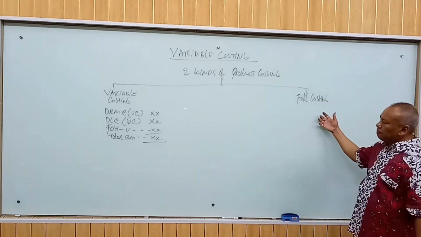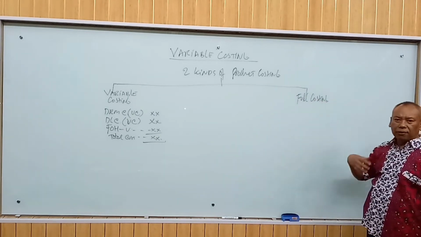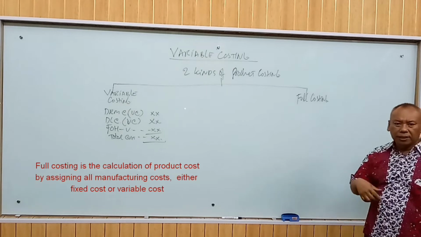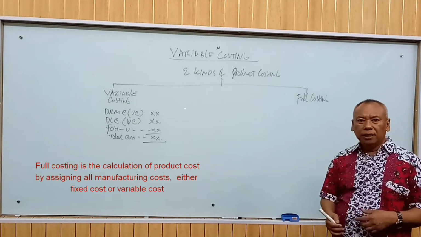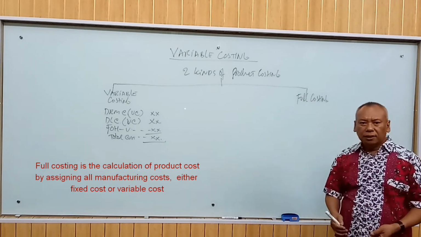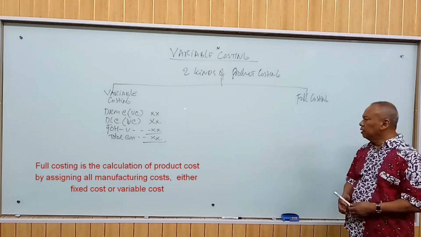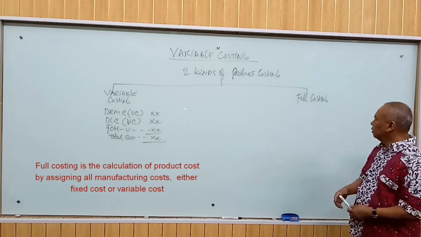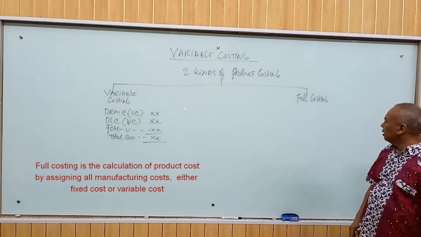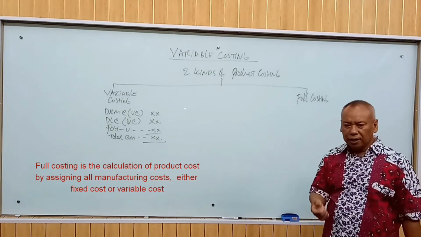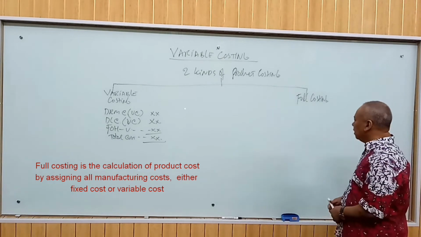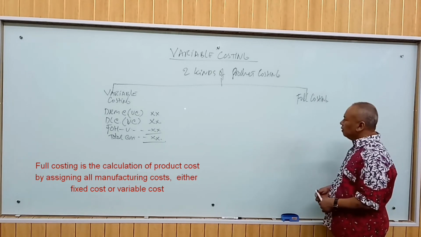Full costing: we calculate the product costs by assigning all manufacturing costs, either fixed costs or variable costs. So full costing calculates the product costs by assigning all manufacturing costs, both variable costs and fixed costs.